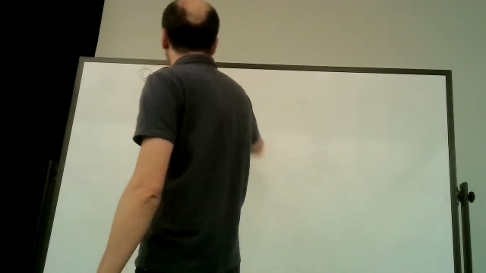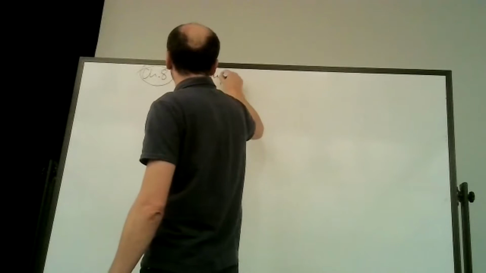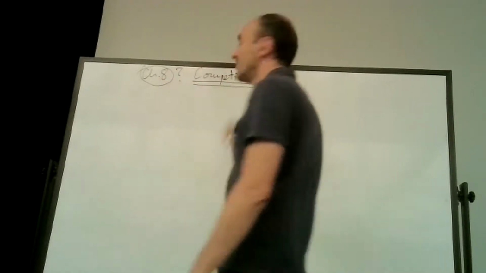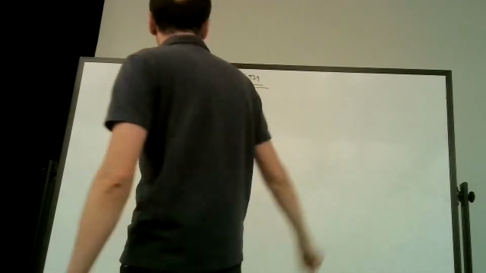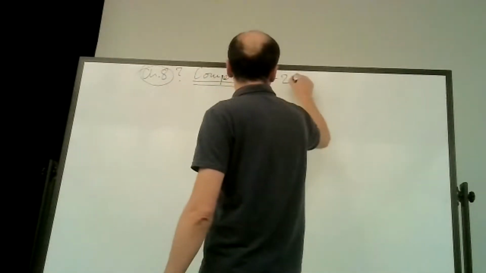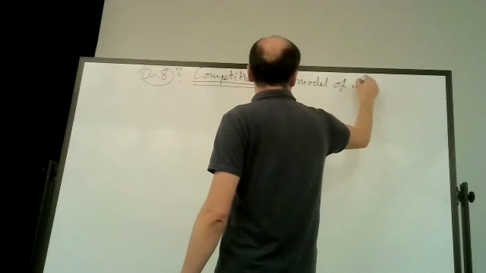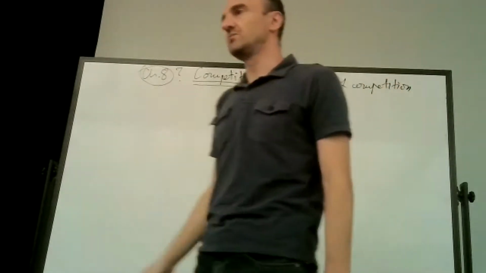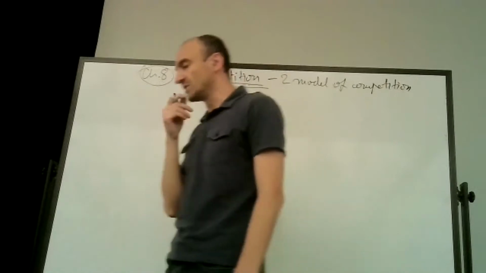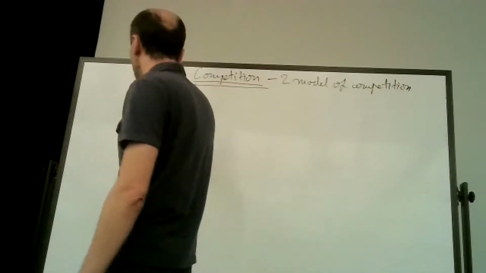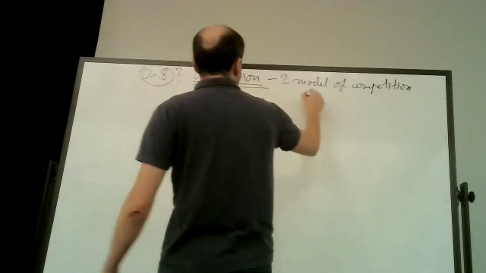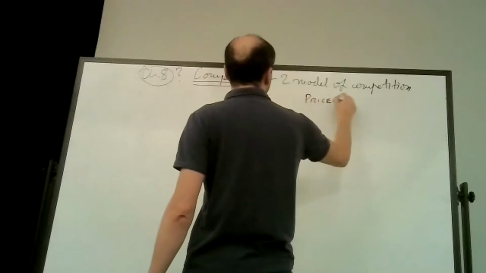So that's it. The theory that we are going to talk about today is a theory of competition, or actually two different models of competition. And the reason I said that chapter 8 in your book is not adequate is that your chapter covers only one of these two models, the so-called price searcher model of competition.